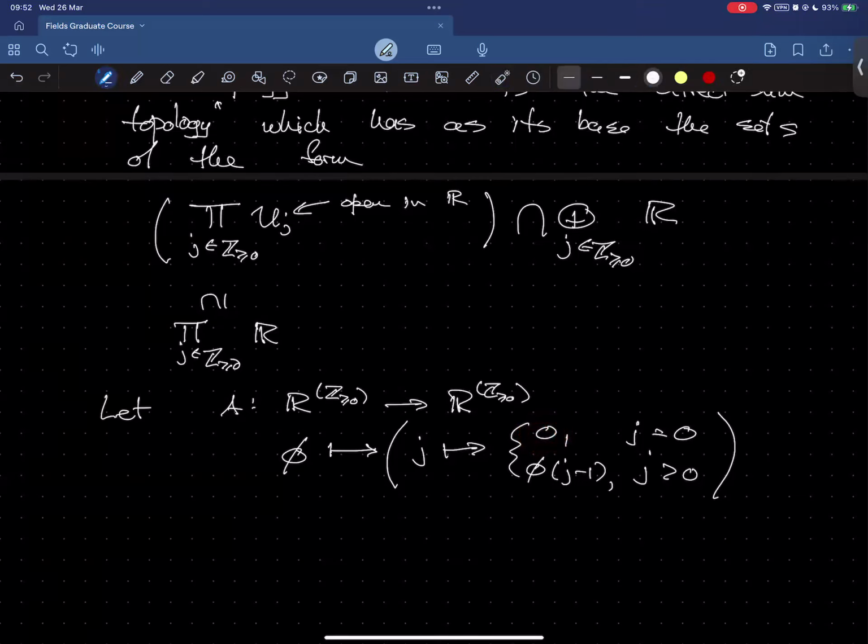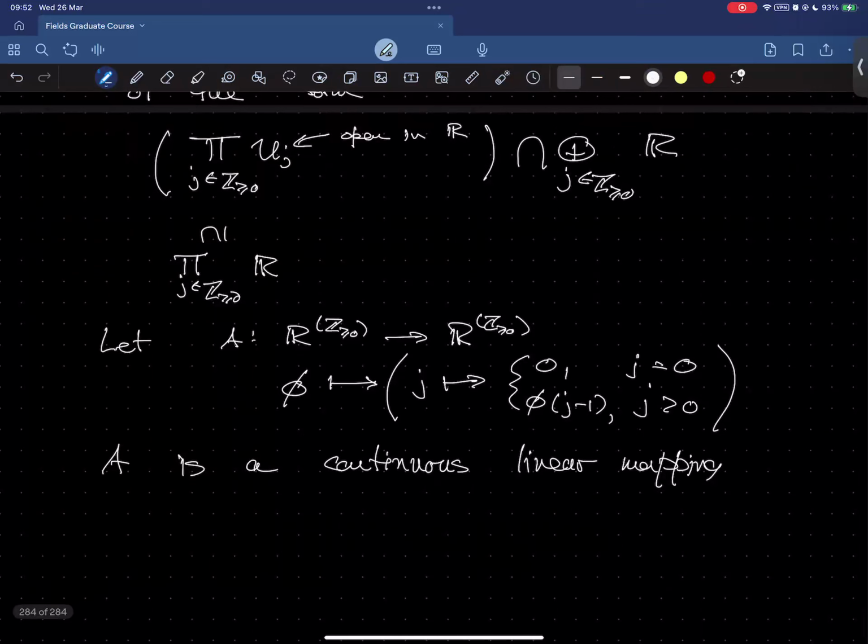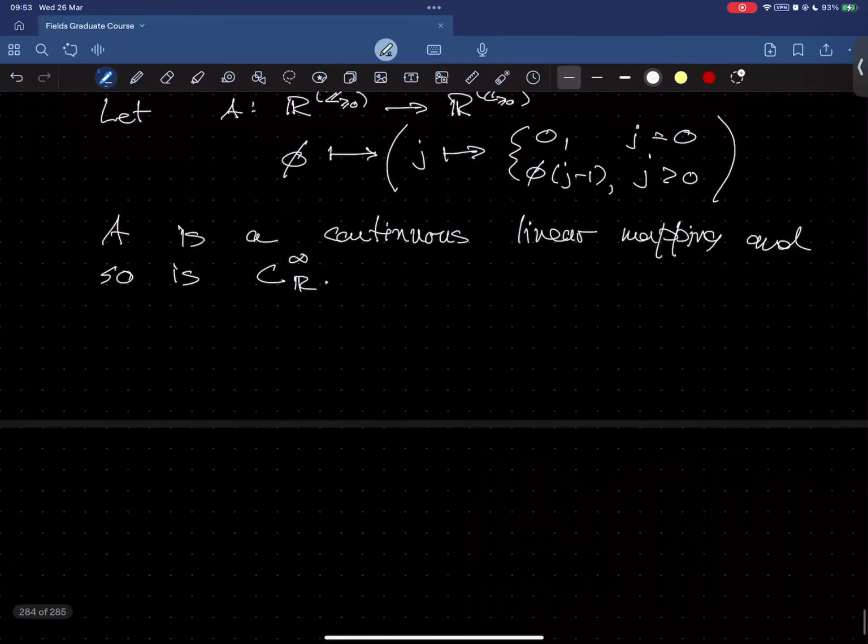So this is a continuous linear mapping. And so this is where this topology comes in. If you want to verify that, you have to use that topology. And it is infinitely differentiable.